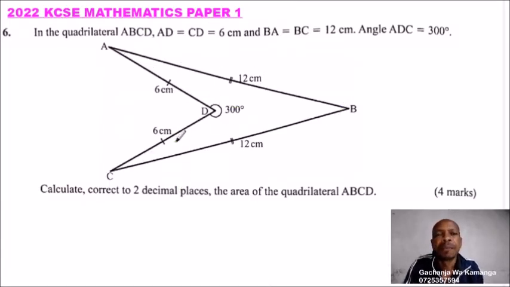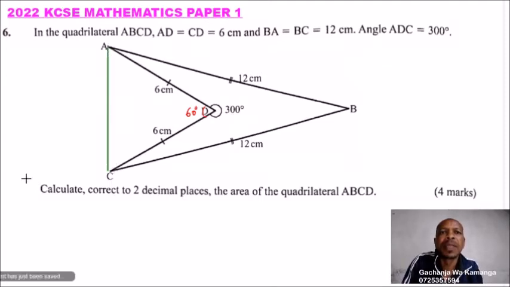So for us to be able to do that, we can identify this angle. Since this angle is 300, it means this angle here is 60 degrees, so that it makes an angle of 360. If we put the line here, then we can say this side is also 6 centimeters.